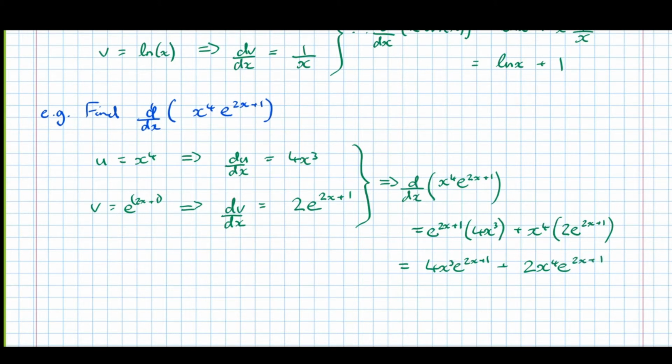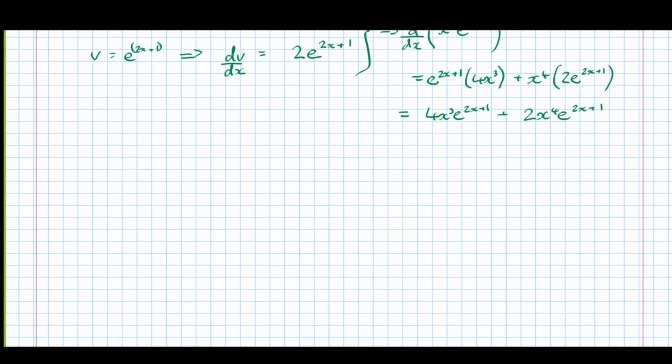Now, we don't need to factorize this, because we're not being asked to solve anything. We're not being asked to, for example, find any stationary points, so we won't. But we'll do a few examples later where the expectation is that we should factorize it.